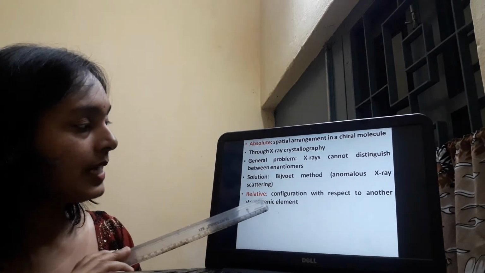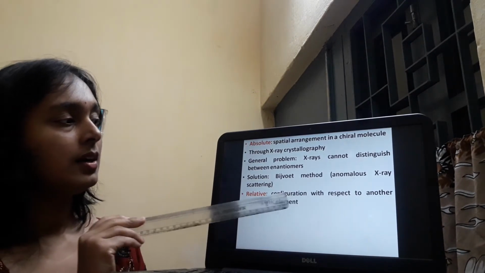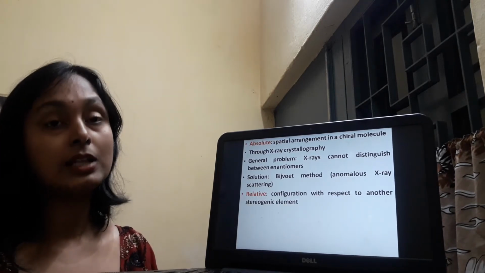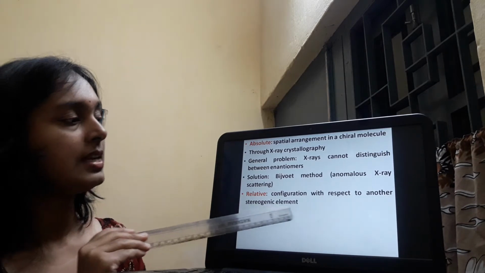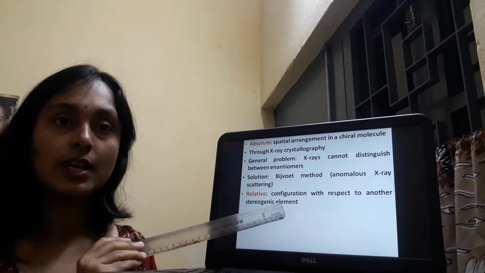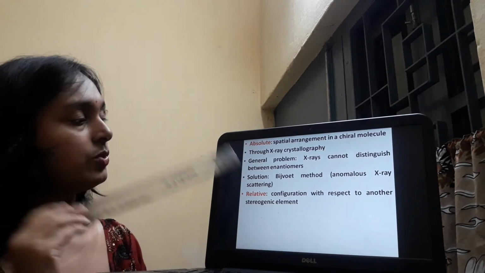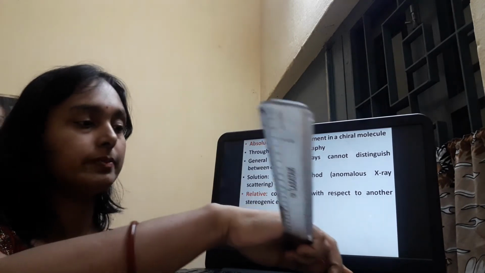In this context, relative configuration is the configuration with respect to another stereogenic center or another stereogenic element. So there is a relation in comparison with the other one, and we can determine the relative configuration. For example, here is an alkene, and there is a hydrogenation reaction in the presence of palladium.